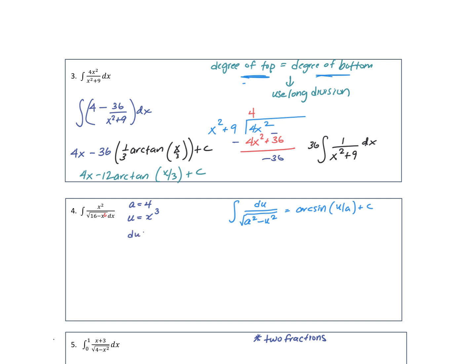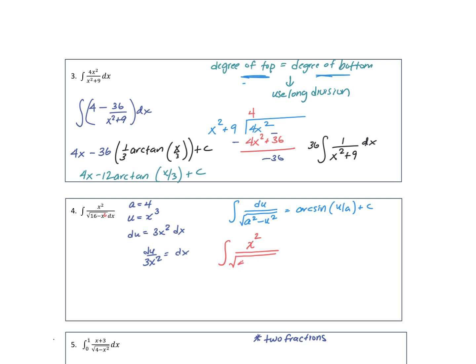Then du becomes 3x squared dx, so du over 3x squared equals dx. So we're going to integrate, so the x squared stays.